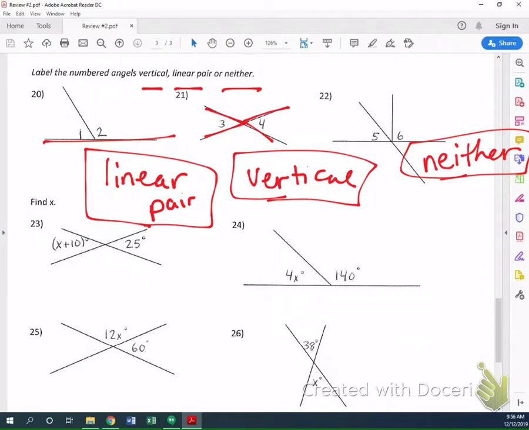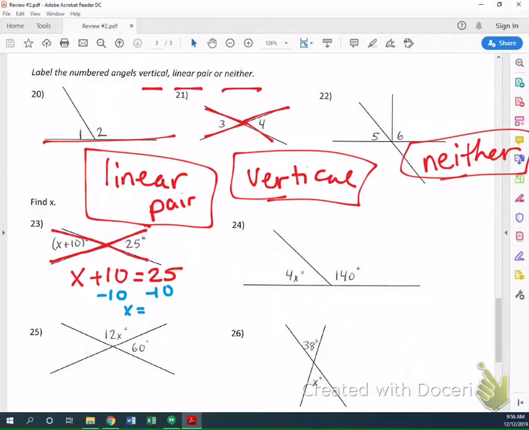So we're going to use that information to solve for x in the next section. So you have to ask yourself linear pair or vertical angles first. What am I looking at in 23? These are what? Vertical angles. Vertical angles are congruent. So on that problem, I'm going to set them equal and solve for the x. So what would x equal? 5.